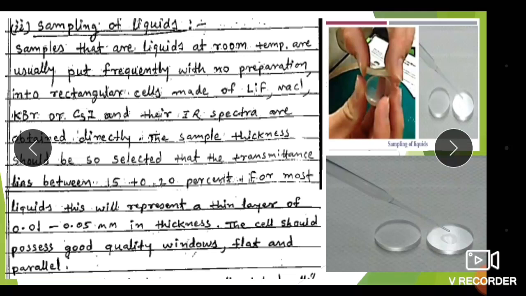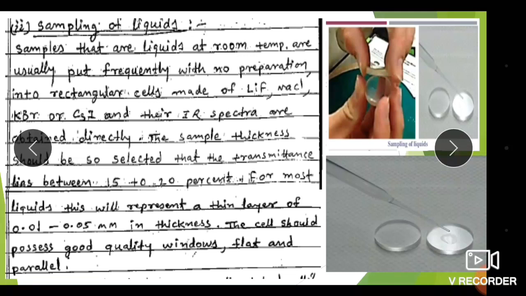For the sampling of liquid, liquid samples that are liquid at room temperature are frequently put in sample cells, rectangular ones made up of lithium fluoride, sodium chloride, potassium bromide or cesium iodide. The IR spectrum is obtained directly. The sample thickness should be so selected that the transmittance lies between 15 to 20% for most liquids.